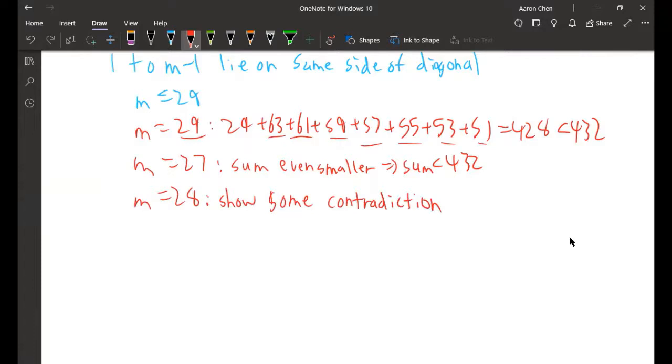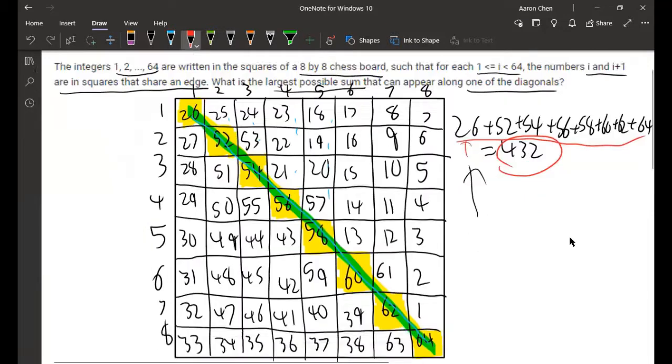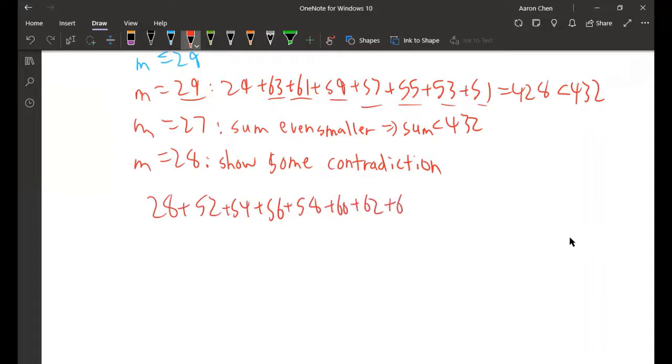And so if m is 28, then the only way that it is larger than this number up here is if the sum is 28 plus 52 plus 54 plus 56 plus 58 plus 60 plus 62 plus 64.